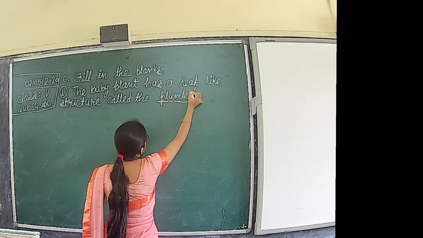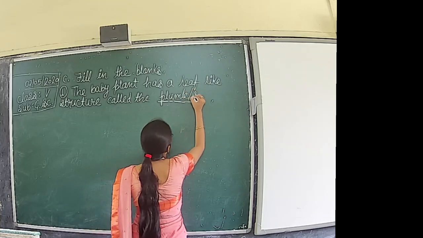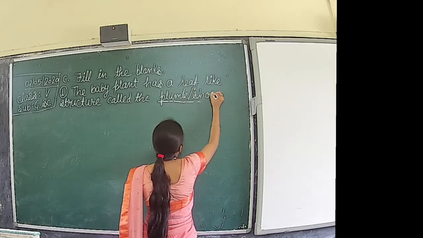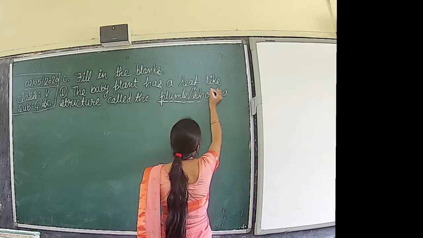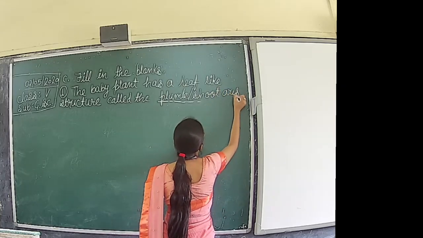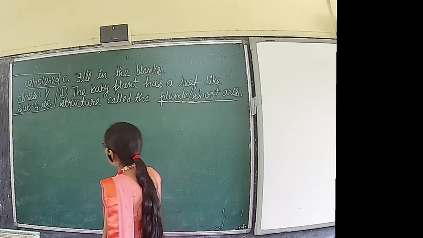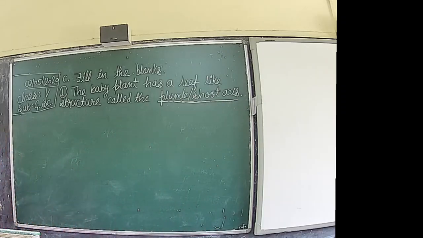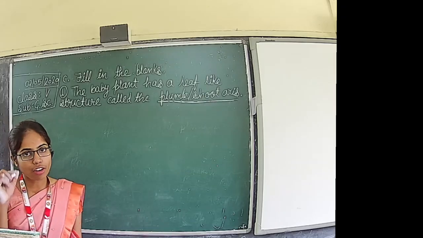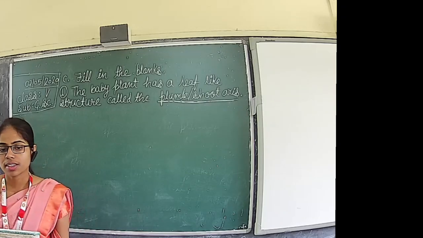It has two names, plumule or shoot axis, both are the same. Please note down along with me, and now we will write the second question.